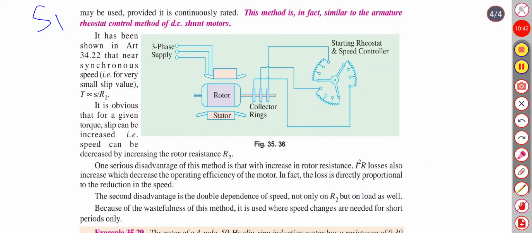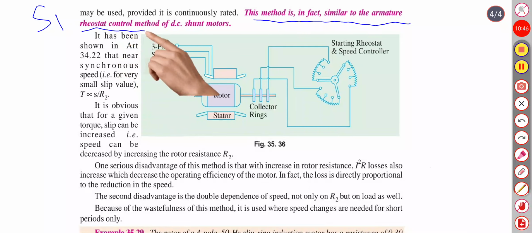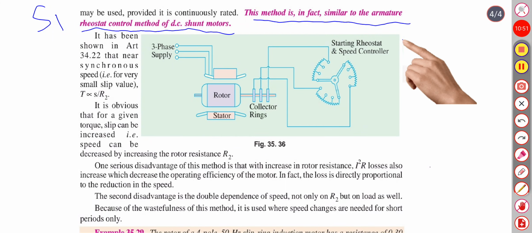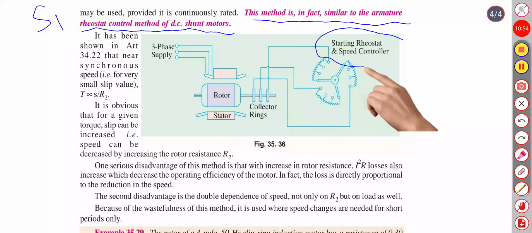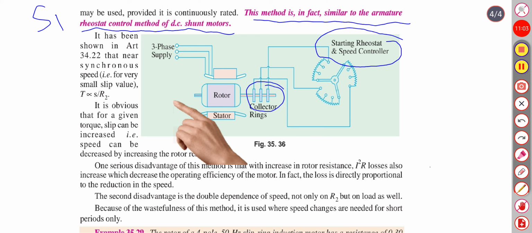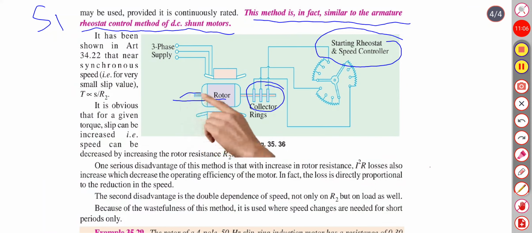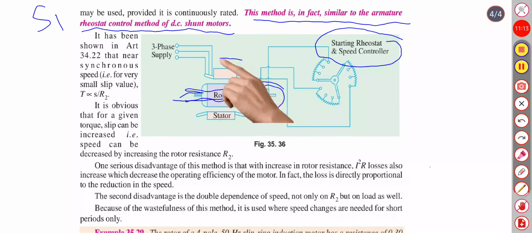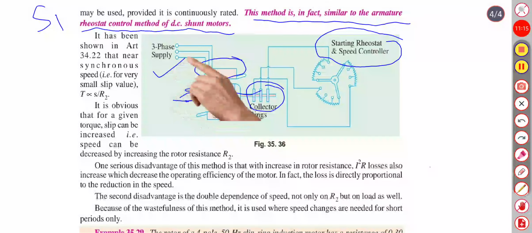This method is in fact similar to the armature rheostat control method of DC shunt motors. As shown in the picture, this is a starting rheostat speed controller connected to the slip rings, and the slip rings are connected to the winding of the rotor, and this is the stator. A three-phase supply is given to the stator.